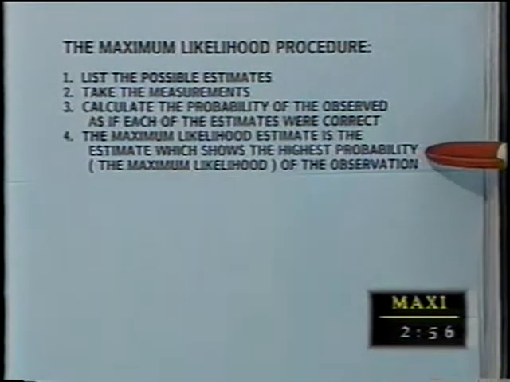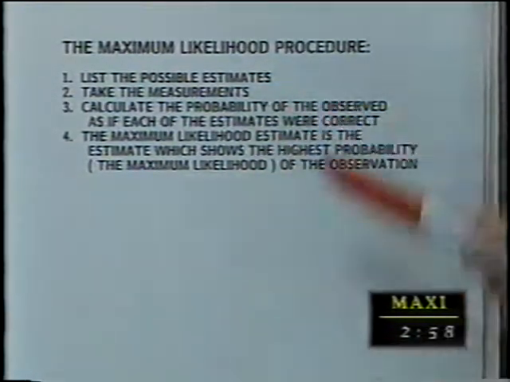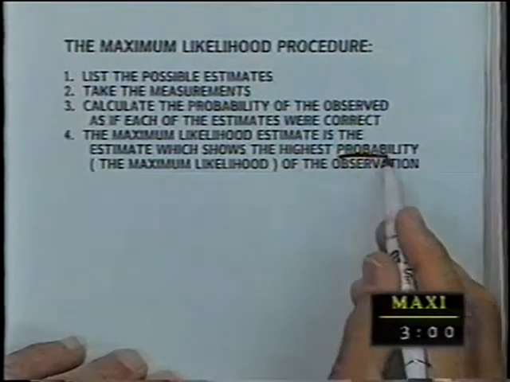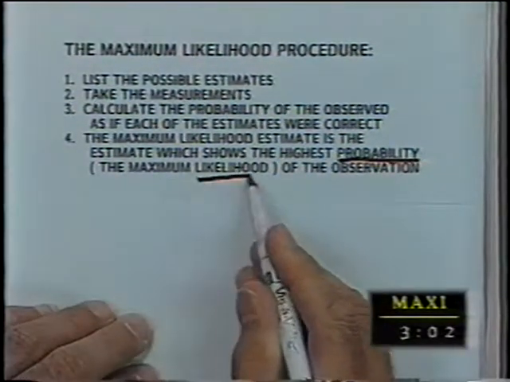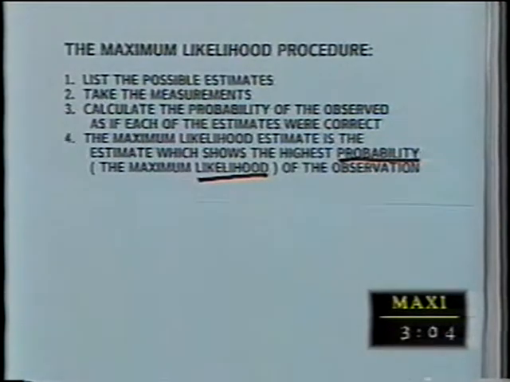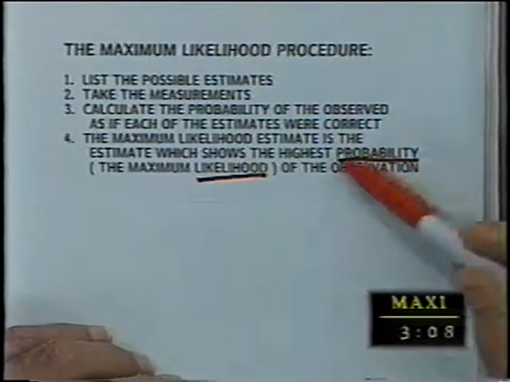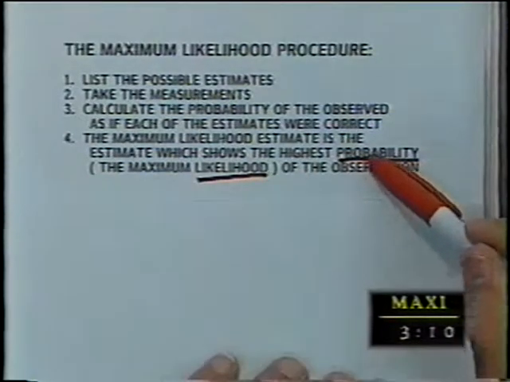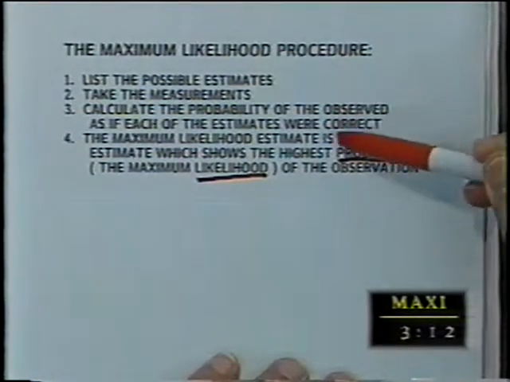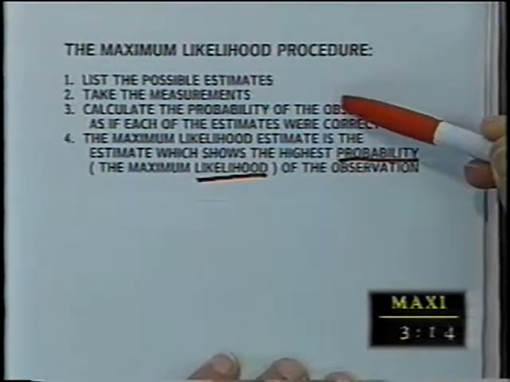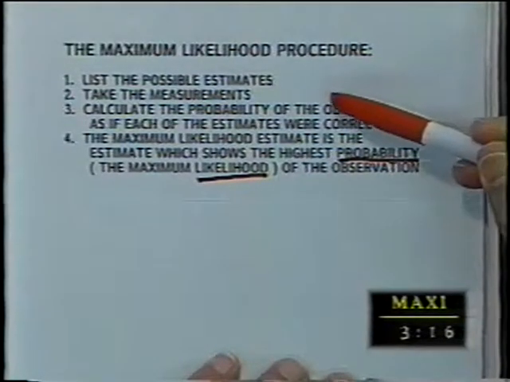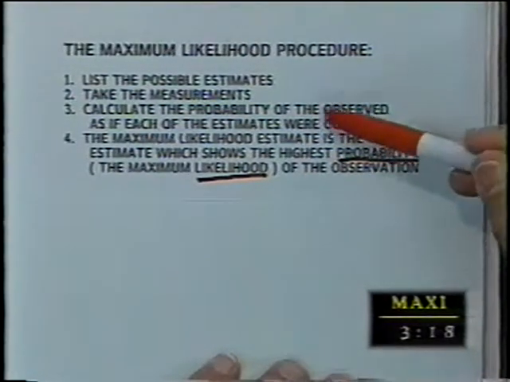That is, the maximum likelihood. Probability and likelihood are really the same thing. We use the words interchangeably. So when we calculate these probabilities, we find out that if it's a 9-inch book, it's likely to have 9.1, 8.9 as the measurements.